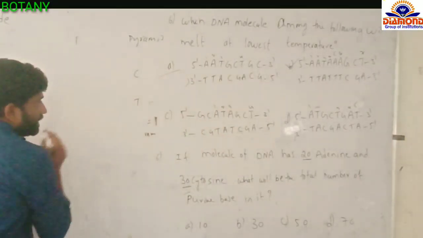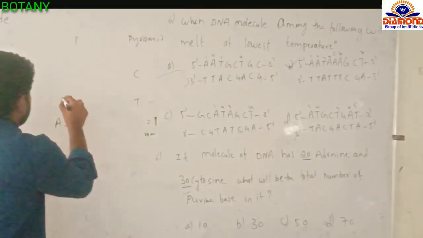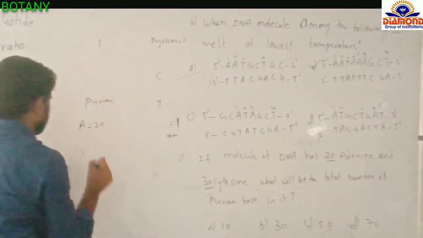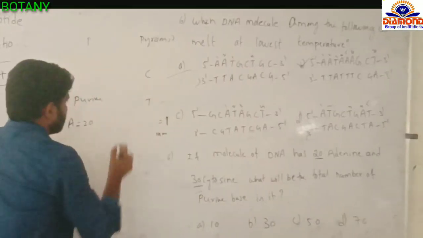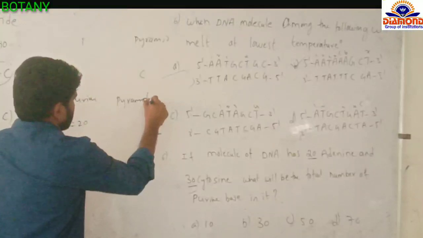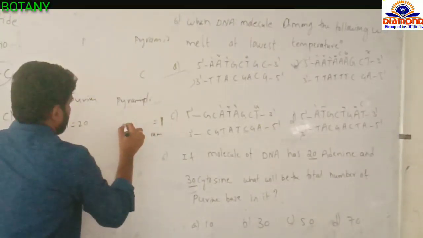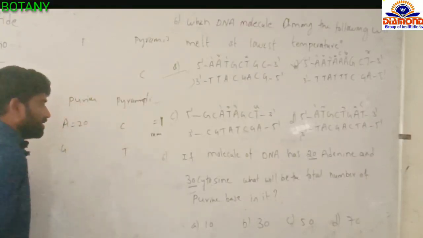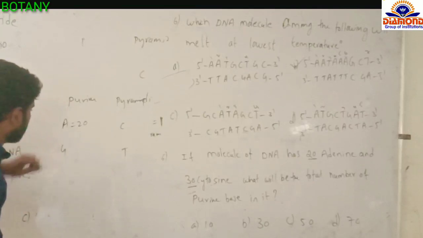So adenine has 20, and it is a purine. The other hint is that they gave cytosine 30 molecules, which means pyrimidines. Cytosine and thymine are the pyrimidines, and adenine and guanine are the purines.